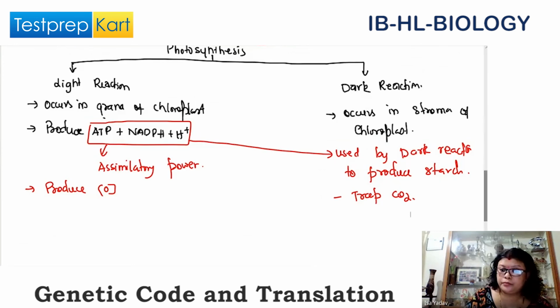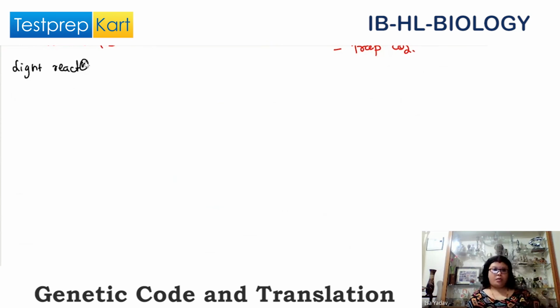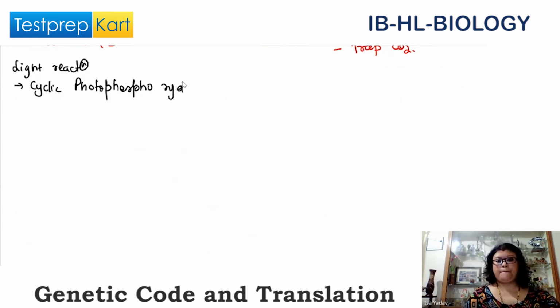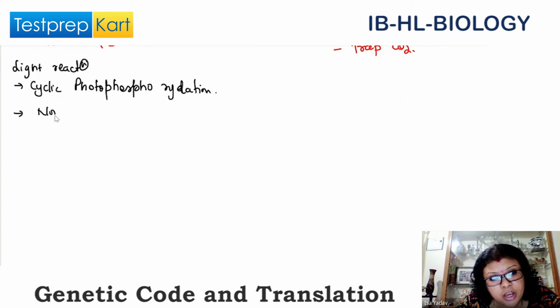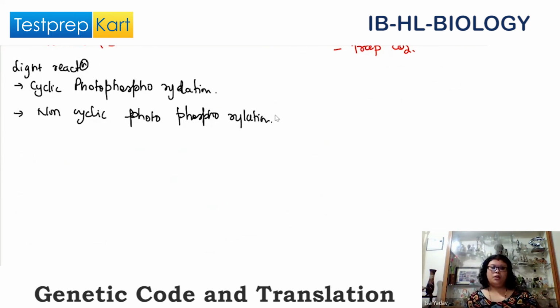Let's see here. When we talk about light reaction, we say cyclic photophosphorylation, and also we will have non-cyclic photophosphorylation.